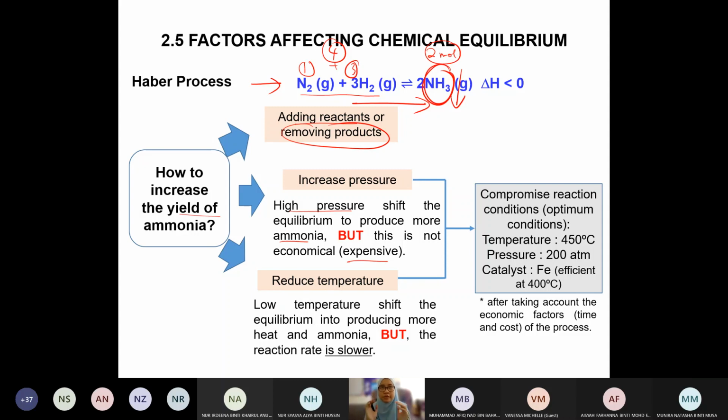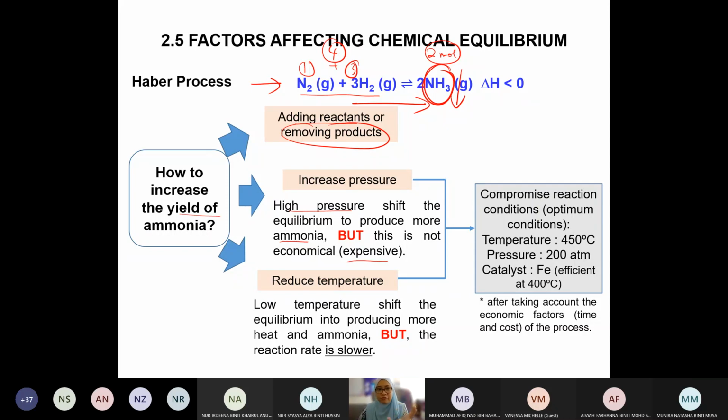That means you have to prepare the conditions, and the materials used for the reaction must be very, very strong, because the material needs to withstand that high pressure. So the material that can withstand it is very, very expensive.